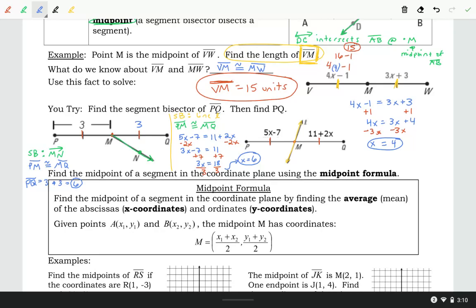So here we determined that x equals 6, but remember we're finding PQ. So we have to plug in the 6 that we found to obtain the length of the full segment.